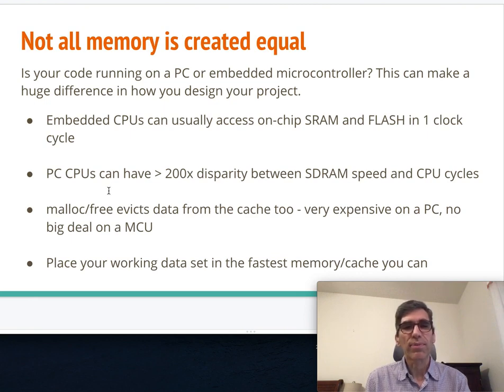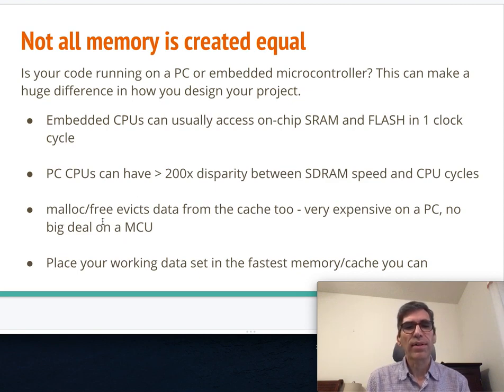But on your typical PC or mobile device, the dynamic RAM is much slower, in fact up to 200 times slower than the CPU is running, and so you really want to avoid mashing data in and out of the memory, or just accessing a variable over and over through a pointer like we saw above, because even in the cache it's not too quick.